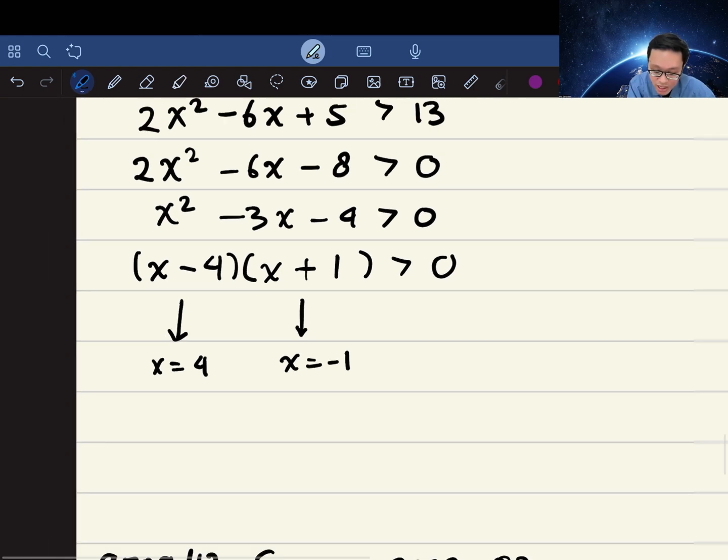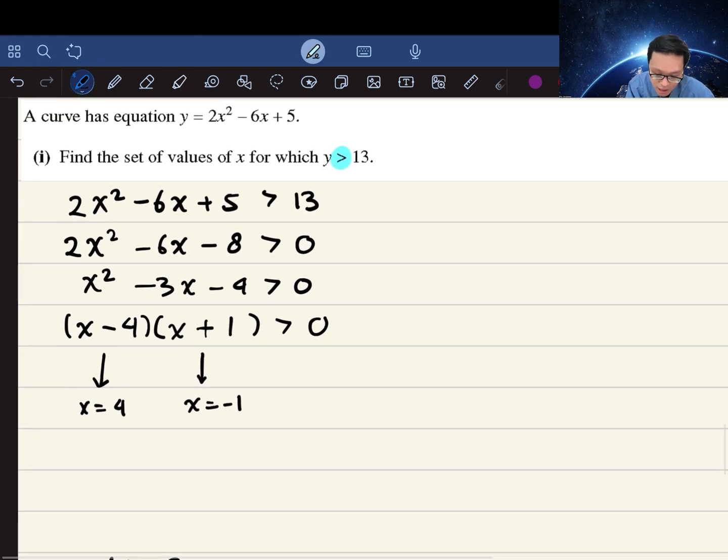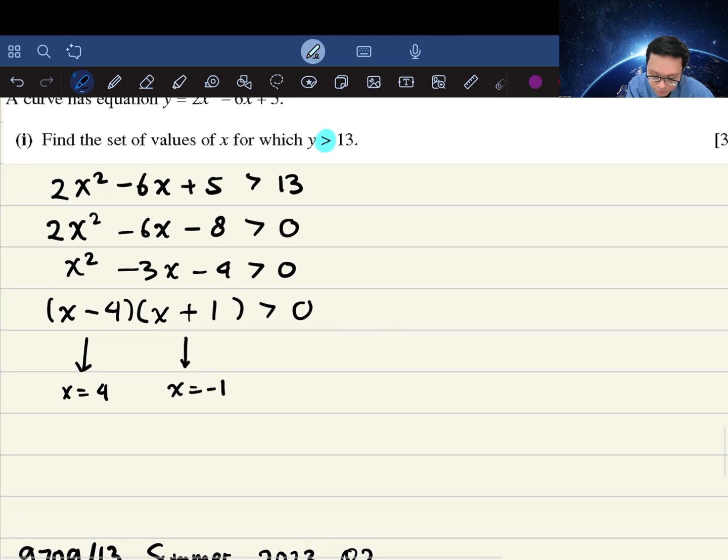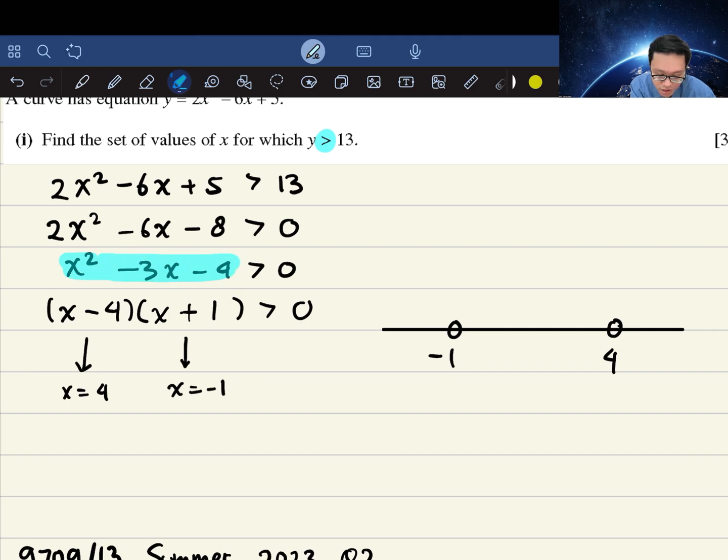Now, we can sketch the graph. We have two intercepts, -1 and 4, and then we sketch the graph for the quadratic before we factorized it, which is x squared minus 3x minus 4.